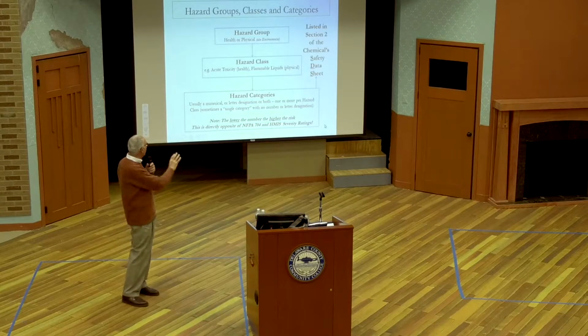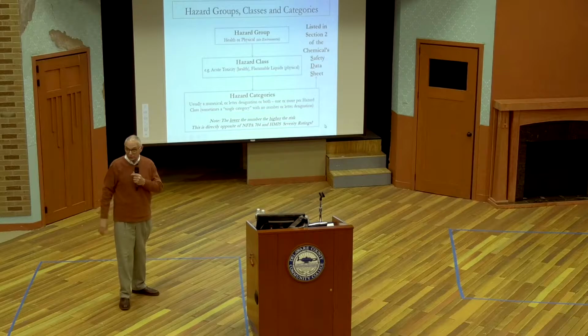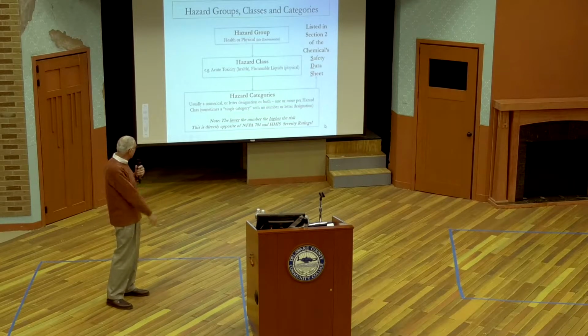GHS also covers environmental hazards. So the grand GHS product actually covers the environment, but that is not part of OSHA. So we're just going to talk about health and physical hazards. Those are the hazard groups.